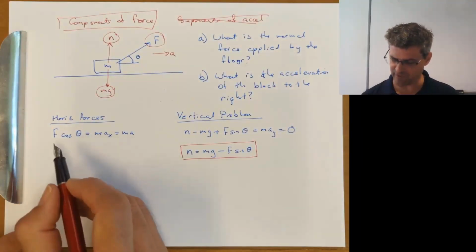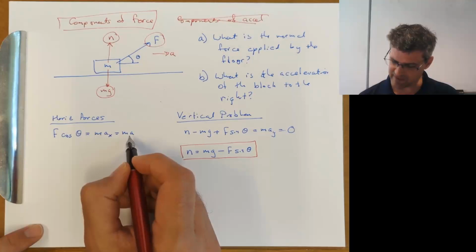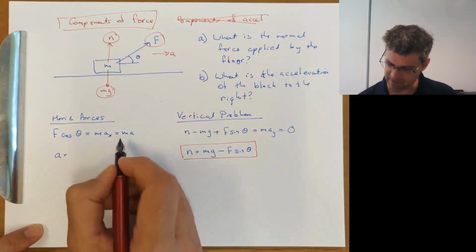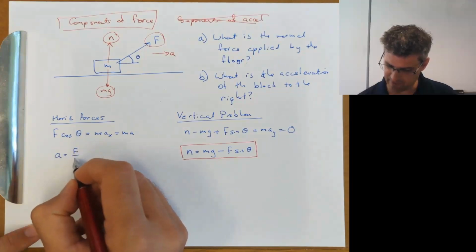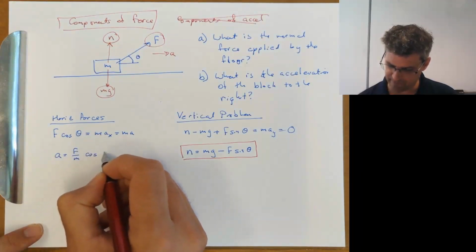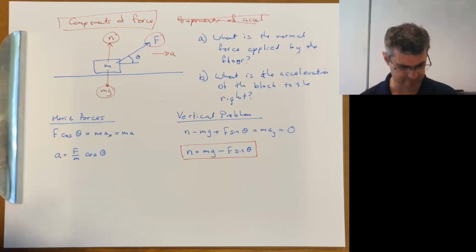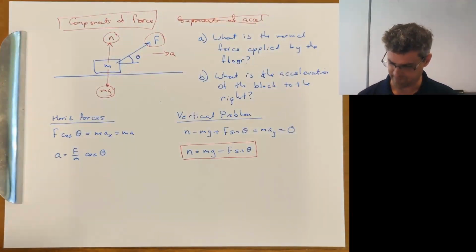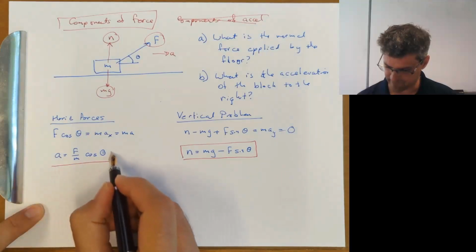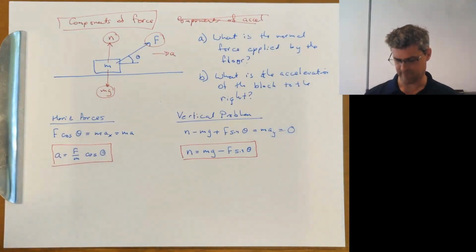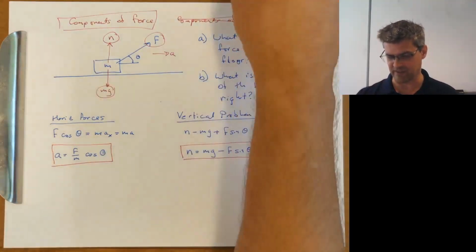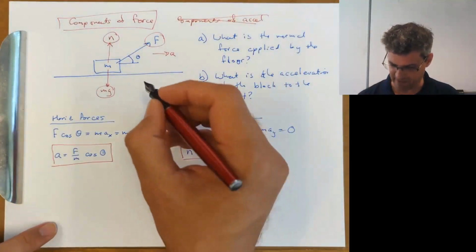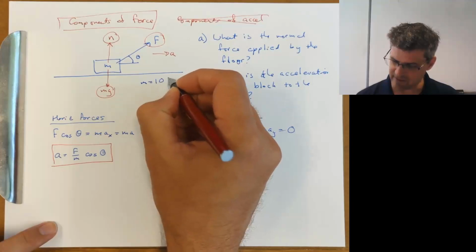But we also see over here that if we want to define the acceleration, it is going to be F over m cosine theta. So yeah, we can find the acceleration, and maybe in some problem, we're told that the mass is 10 kilograms.